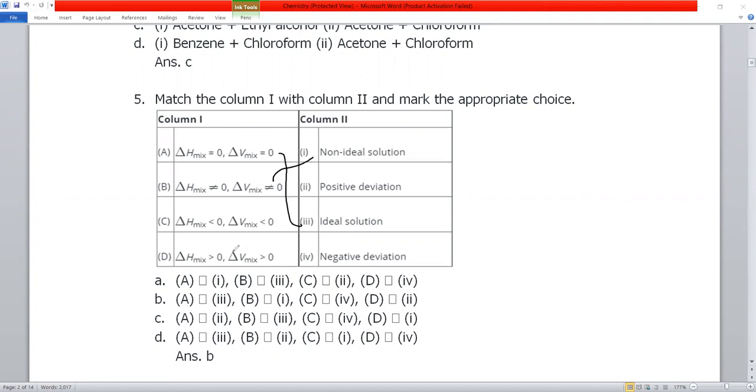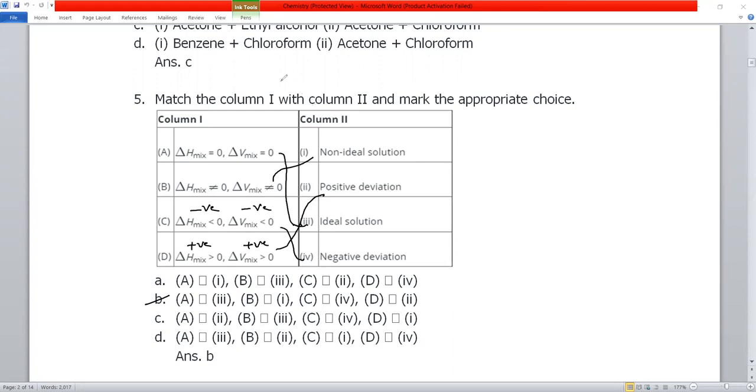Delta H mix negative and delta V mix also negative, less than 0 means negative deviation, students. And here delta H mix is positive, greater than 0, and delta V mix also positive, so it will show positive deviation. So which is the correctly matched? Option B is the correctly matched.